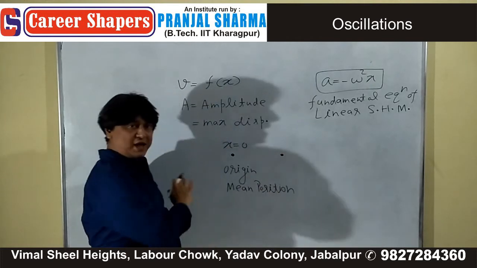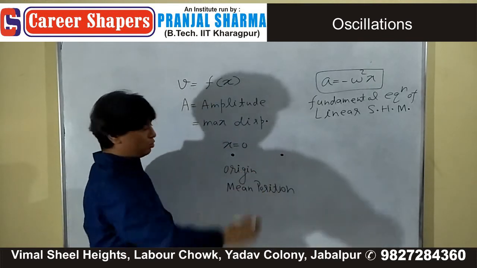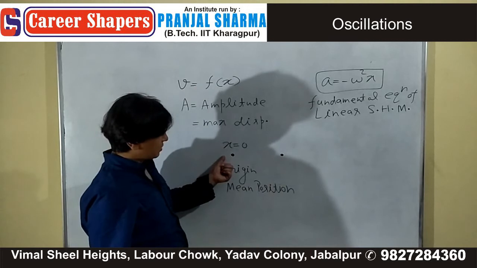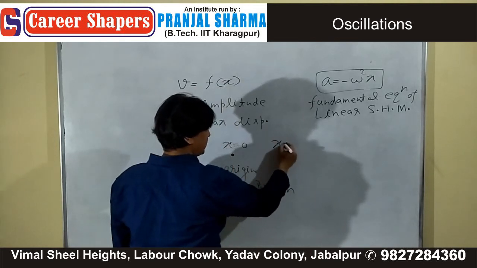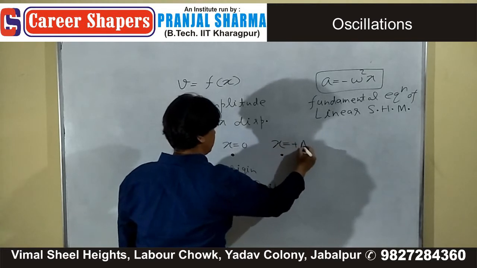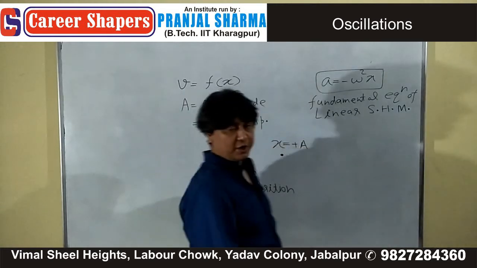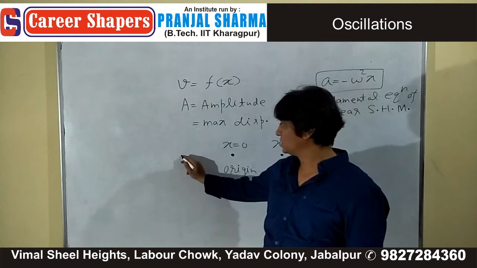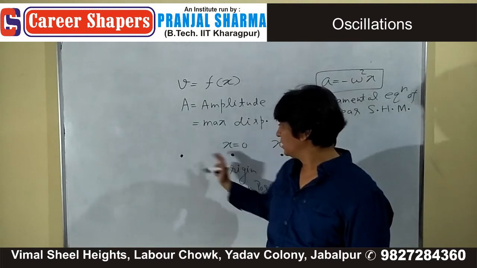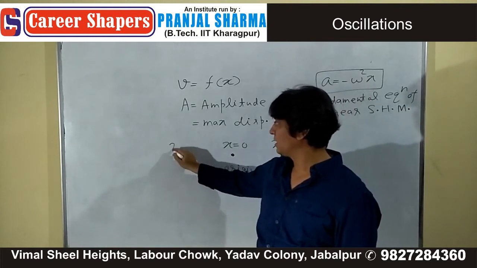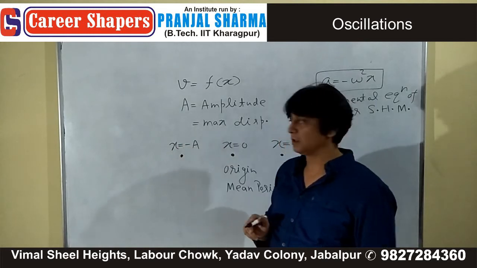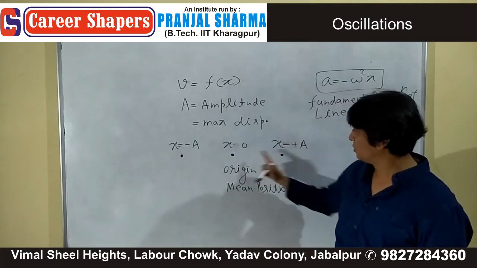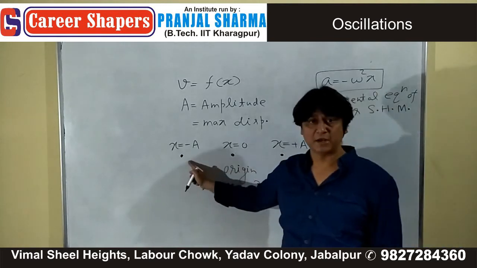This is the maximum displacement, maximum you go from the mean position. This is x equals plus A, or is called positive amplitude. This is also A, but is given by minus A. x is 0, plus A, minus A.